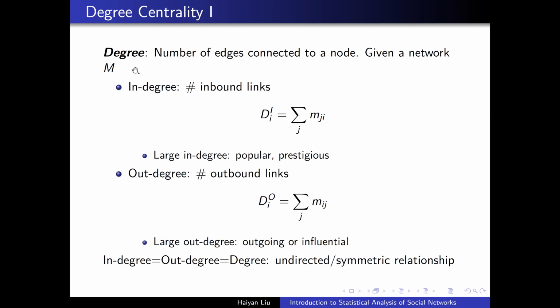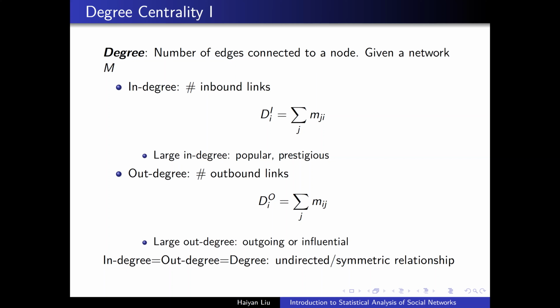So the in-degree in a college friendship network is really about the number of students who rate student I as their friend. The larger the in-degree centrality, the more popular that student is, because many other students rate me as a friend, so I am popular, for instance.